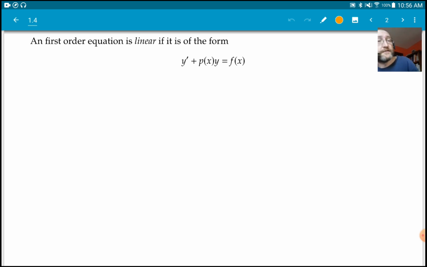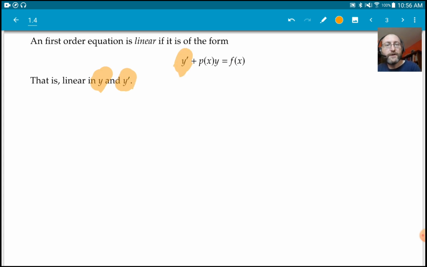What are linear equations? First order linear equations are equations of this form. These are the equations that we'll be interested in this lecture. Now, the linear refers to being linear in y and y prime.